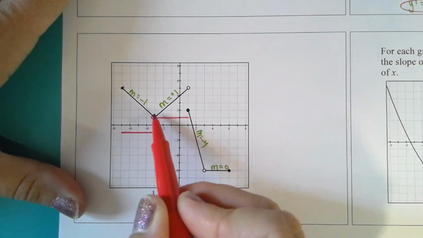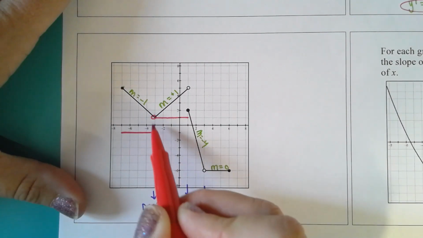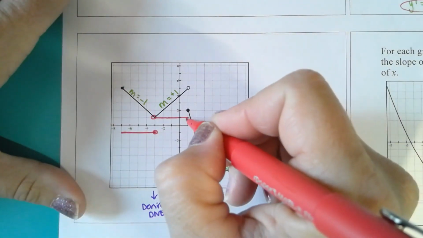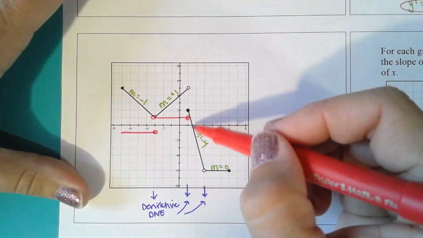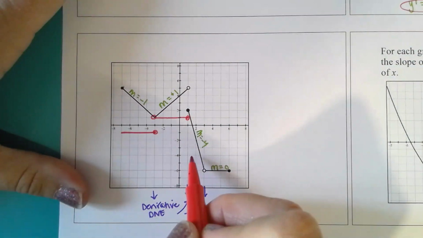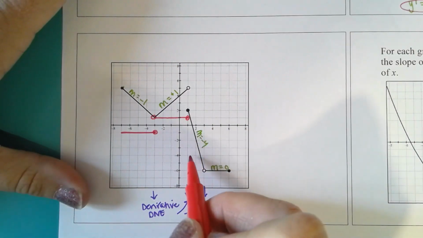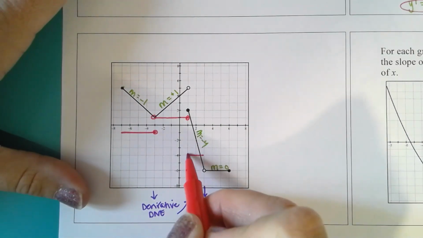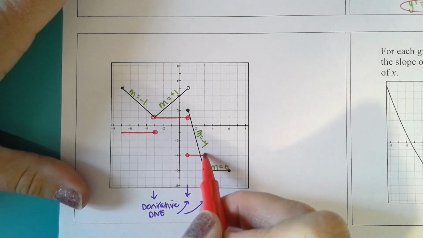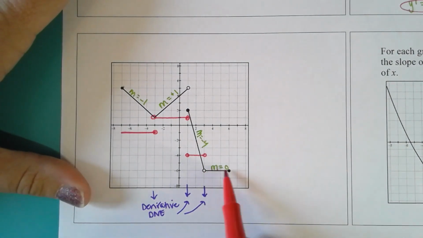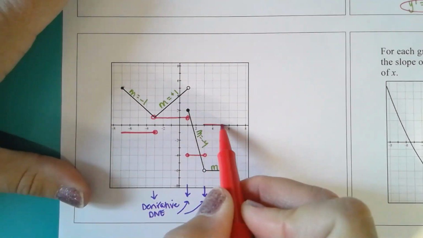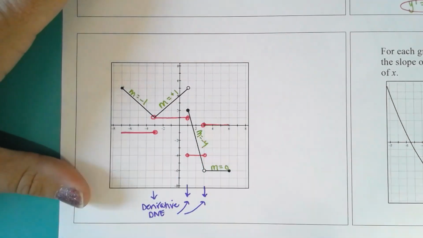But again, I can't use -3, and we can't use +1, so put an open circle there. Then our slope is -4, and that is happening between what, 1 and 3? So from 1 to 3, my derivative is -4. And then from 3 to 6, my slope is 0, but I can't include the 3.